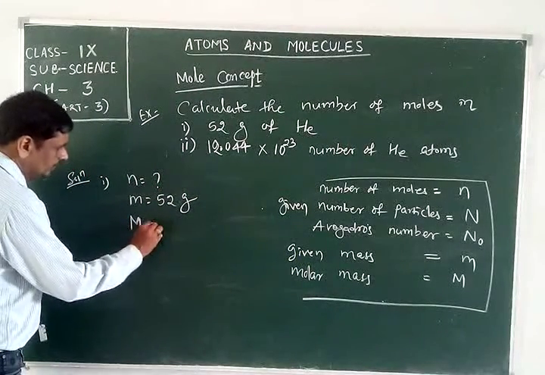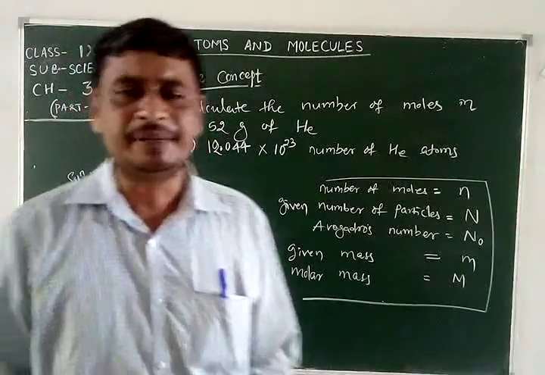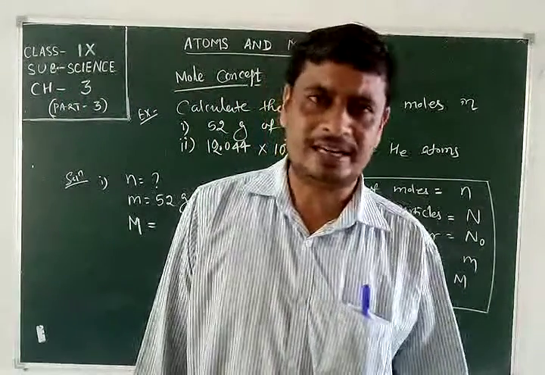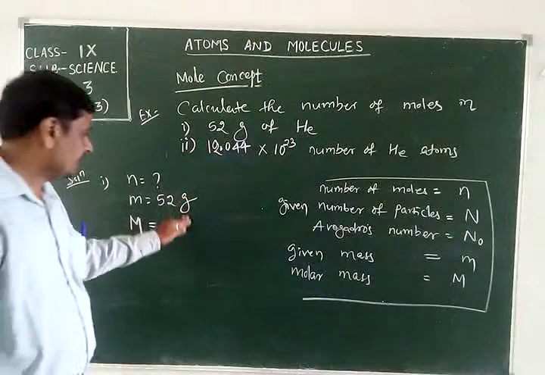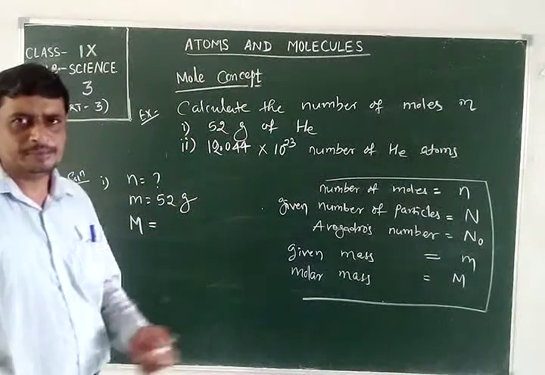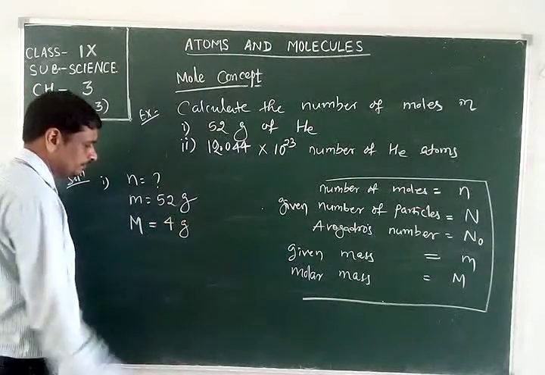Molar mass of helium is 4 gram. Since it is mentioned gram, that is gram atomic mass or molar mass, we can write 4 gram.